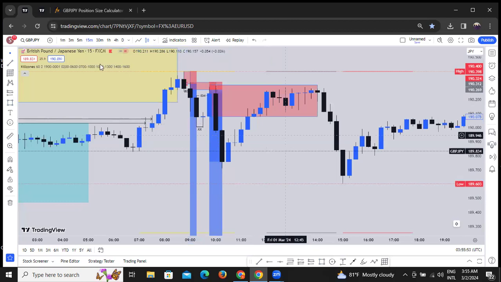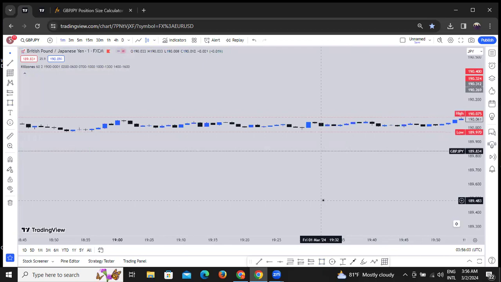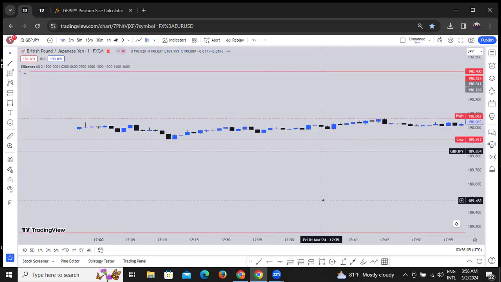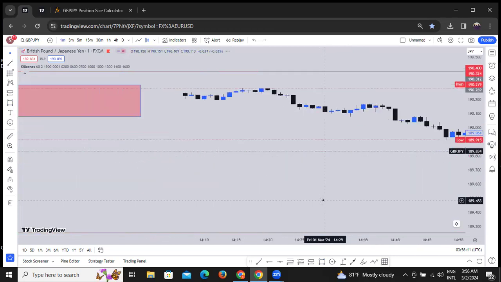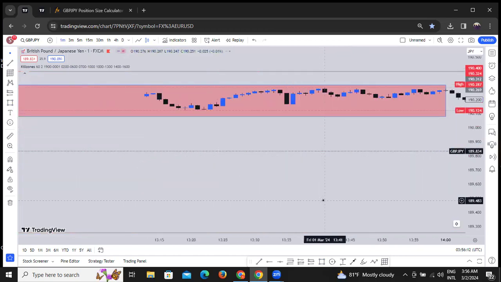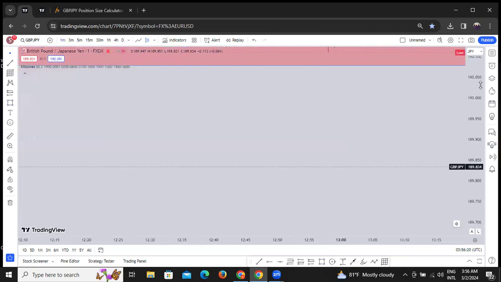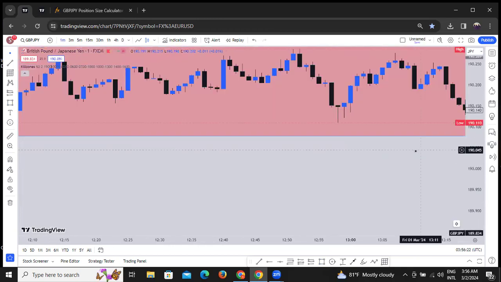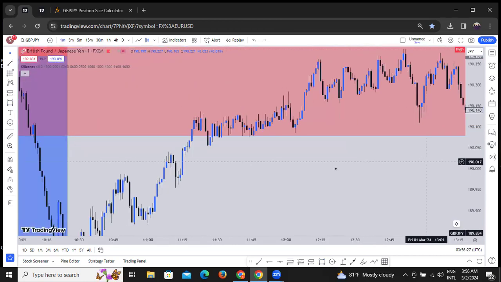So I came down to the 1 minute time frame again. Here I have to follow the market structures and read price action so that I know what market is doing.